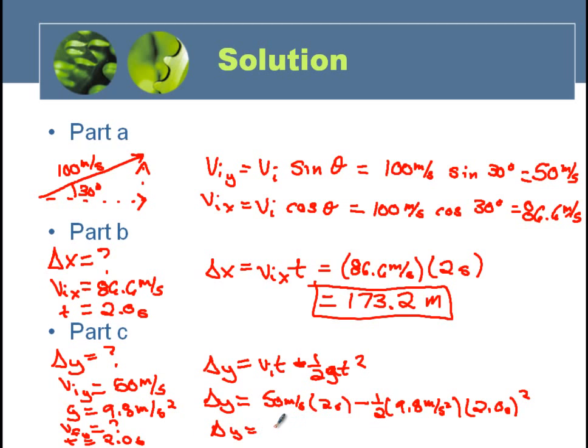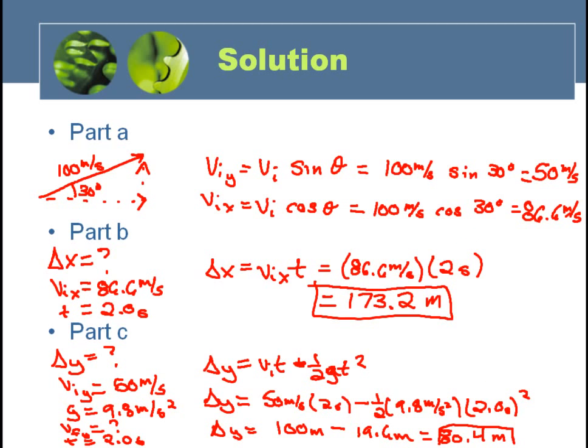Delta y is 100 meters minus 4.9 times 4. 4.9 times 4 is 19.6 meters. So minus 20 is 80. I'm just doing my calculations. I'm slow today. 80.4 meters. So it traveled 173.2 meters in the x direction, and it reached a height of 80.4 meters.